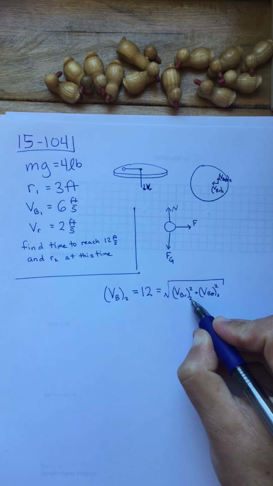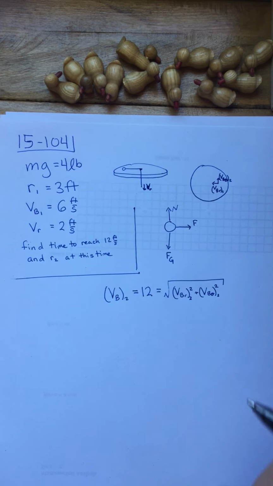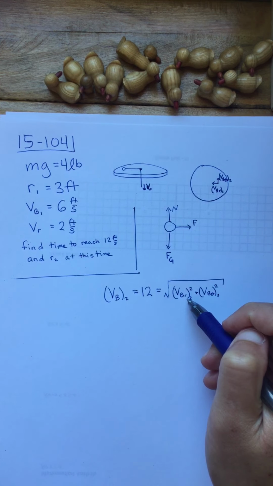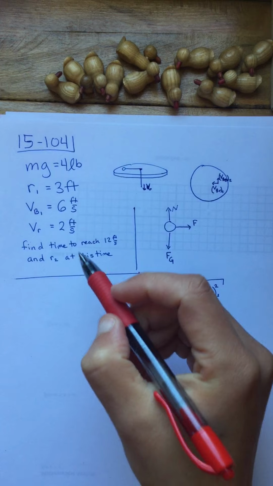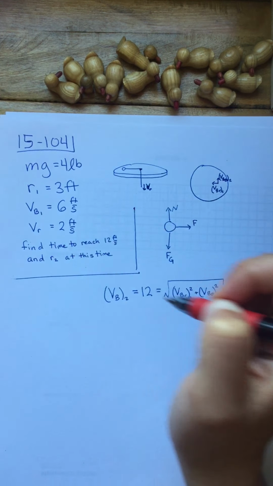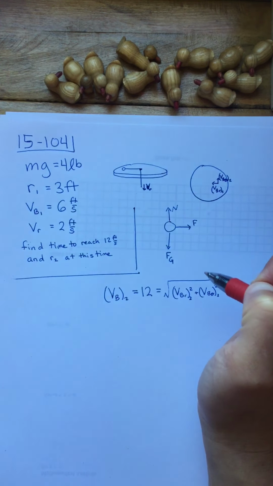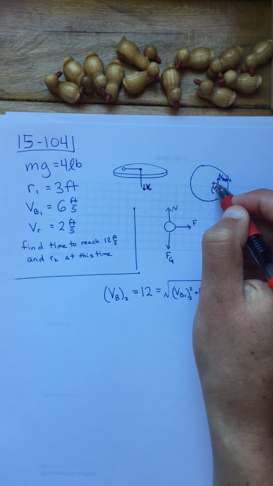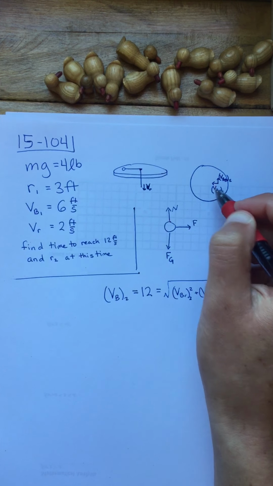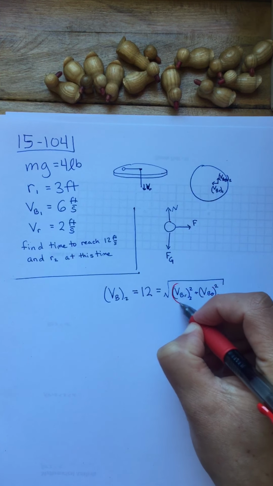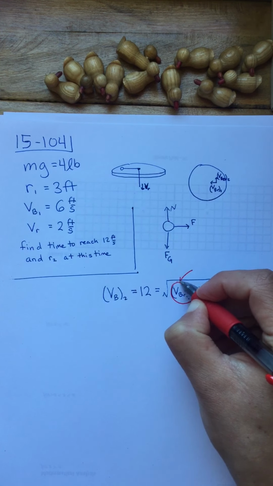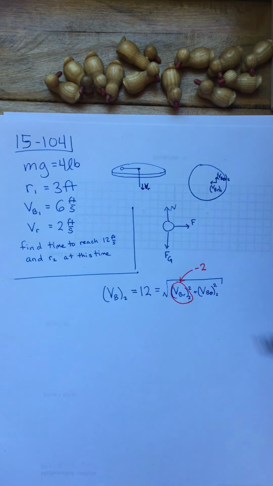This is at event 2. So I know what this is because v_r is equal to 2 feet per second. If you're pulling on the cord with 2 feet per second, you're going to have this component being equal to 2, but it's in the negative r direction. So this is equal to negative 2 because that's the speed of the cord.